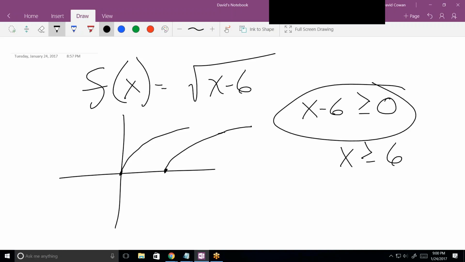What's the domain on 24? The domain on 24? Would that be 0 to infinity? Correct. What's the range? 4 to infinity.